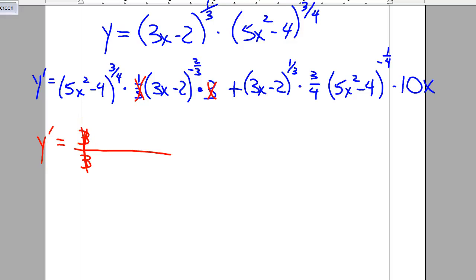I mean, basically, what's 1/3 times 3? 1, so I don't need to worry about it. But then I'm going to have this 5x squared minus 4 on top because that exponent's positive. And I'm going to have the 3x minus 2 on the bottom and make that exponent positive because I flipped it down. And then leave some space because we got to do some adjusting.